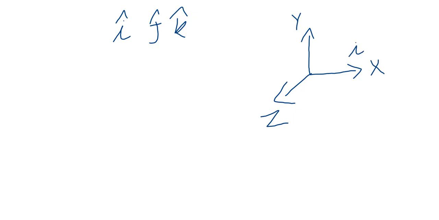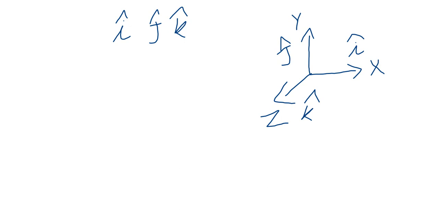These are all perpendicular to each other. Suppose this is the x direction, this is y, this is z. We are well known about this. In the x coordinate, I cap is the unit vector. In the y coordinate, j cap is the unit vector. In the z coordinate, k cap is the unit vector. We call these orthogonal unit vectors.